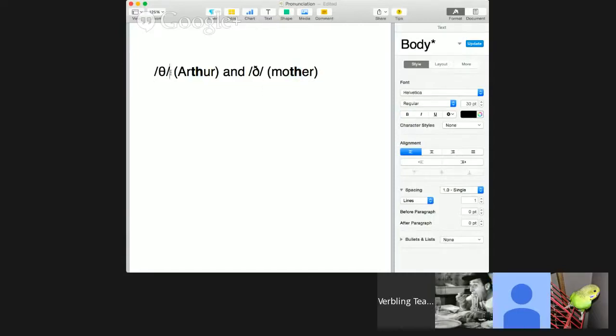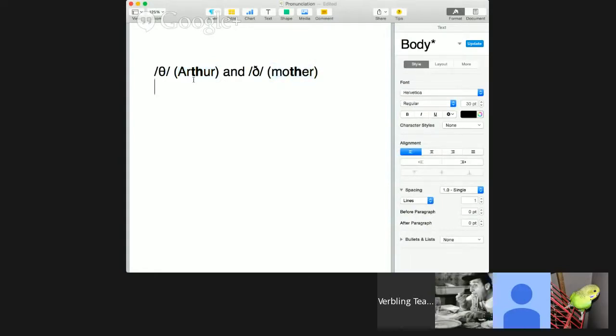The only difference is that with this sound here, the TH is not voiced, and with this sound here, it is voiced. So the difference between not voiced and being voiced is simply that you don't use your vocal cords for this one, and you do use your vocal cords for this one.